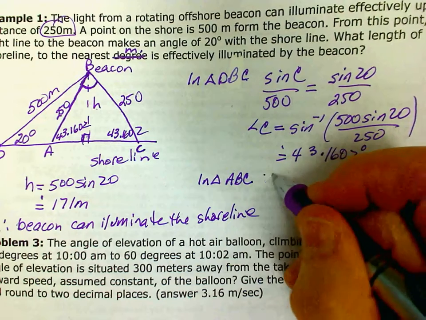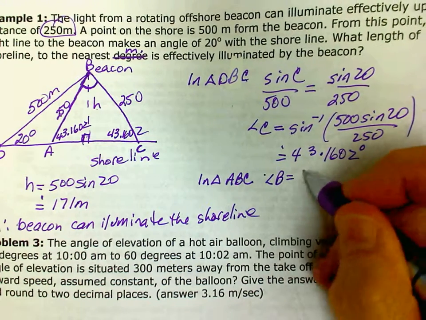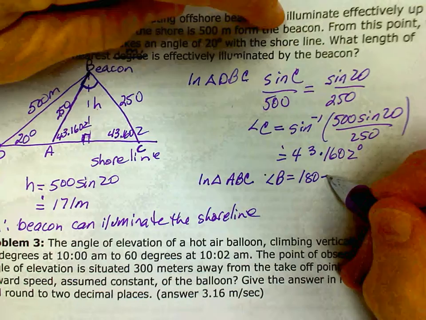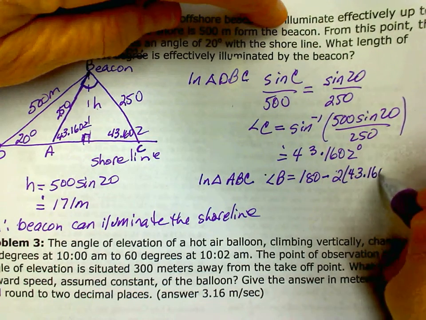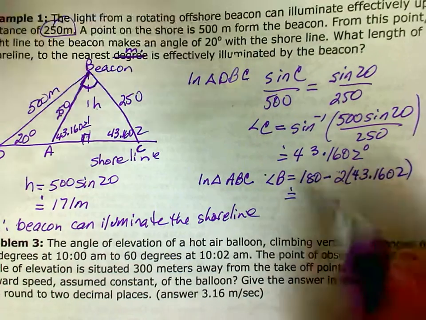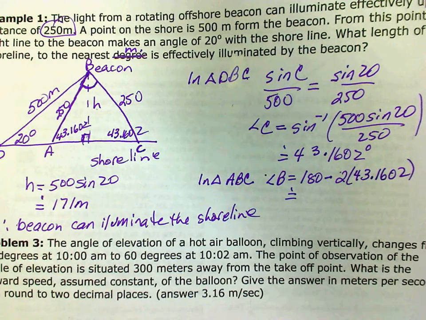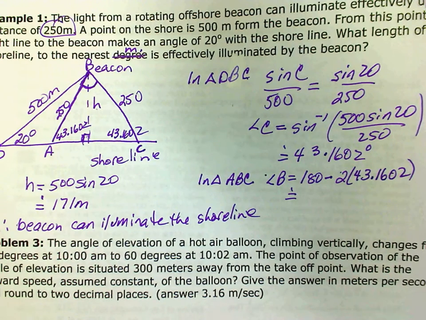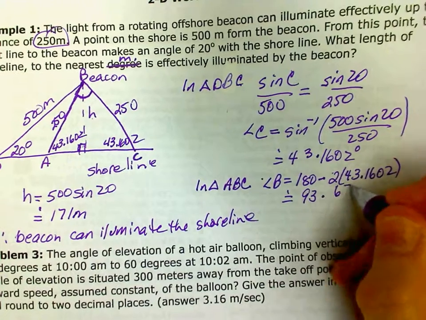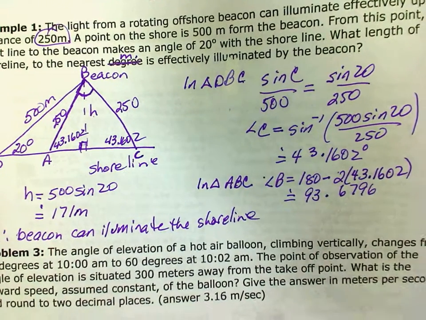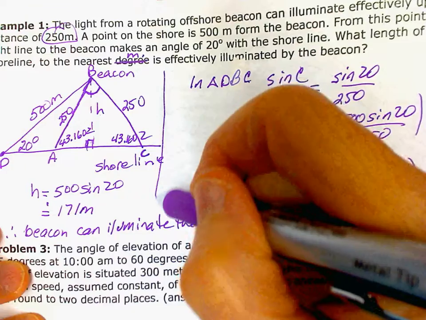Angle B equals 180 minus 2 times 43.1602, right? Because it's isosceles. And I get 93.6796. This is actually the way I wish I did my homework question.